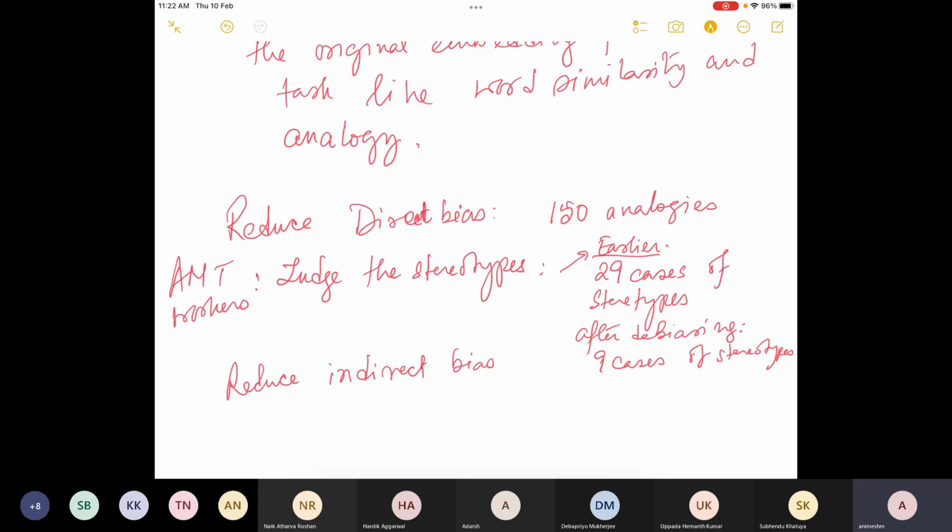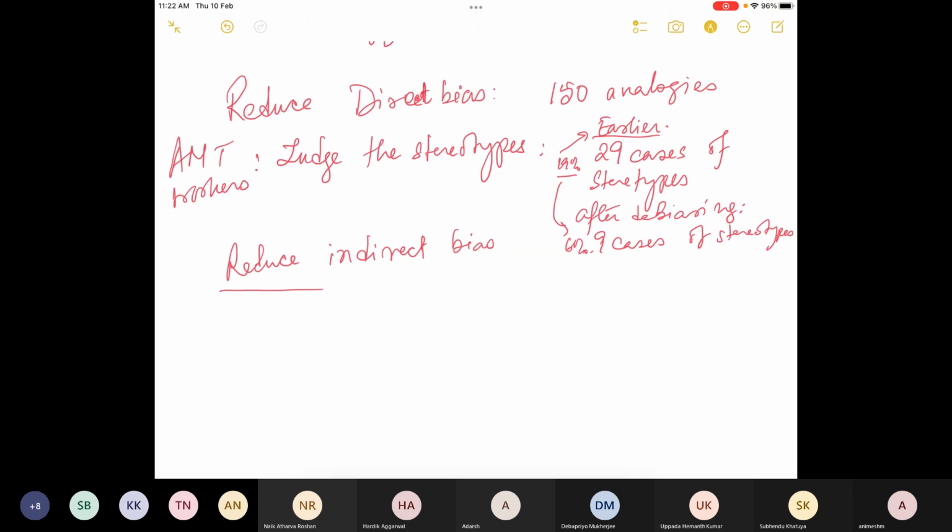So this was kind of a huge success. Okay, so there was from 29 cases, it changed to just 9 cases. This was a huge success actually. So if you see, this was like 19%, this reduced to 6%. Okay, so this was a huge success for the authors.